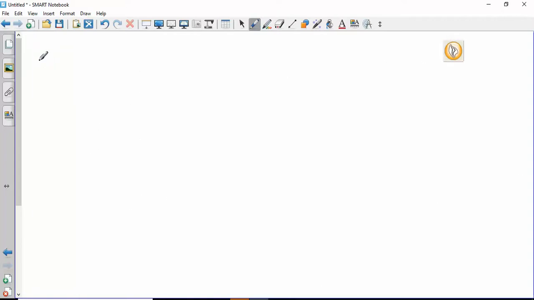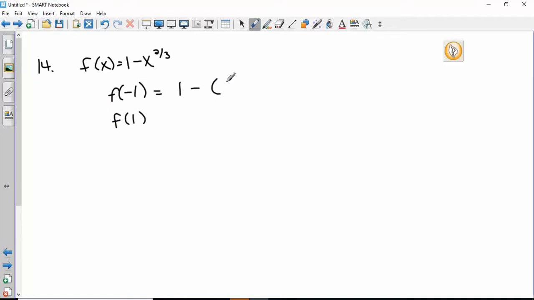Number 14. Okay, I want to show that f of -1 equals f of 1. So if you put in a -1, this is like saying the cube root of that number squared.